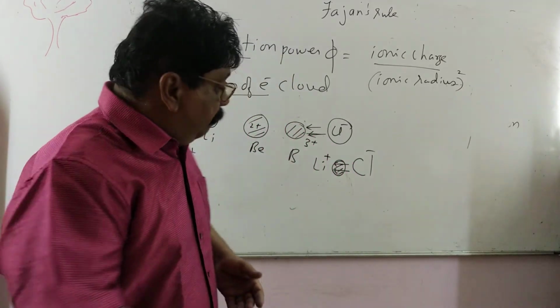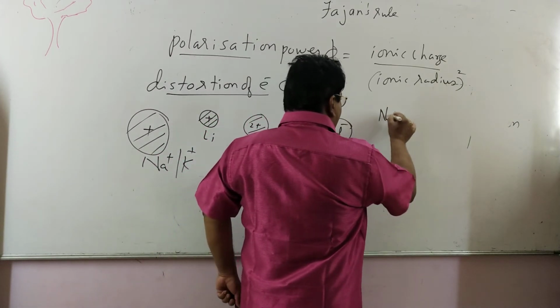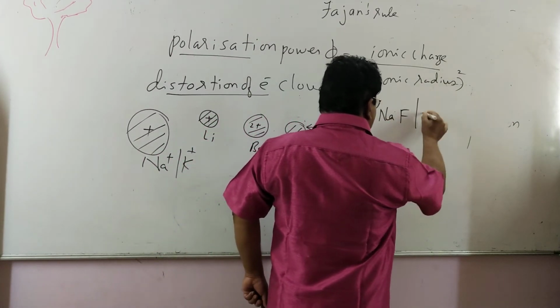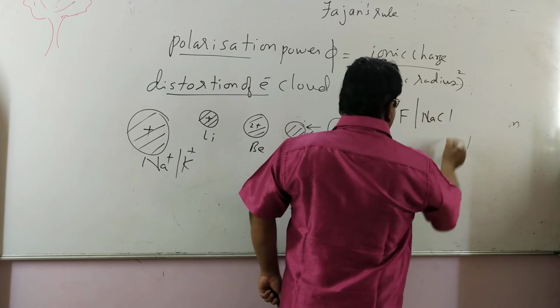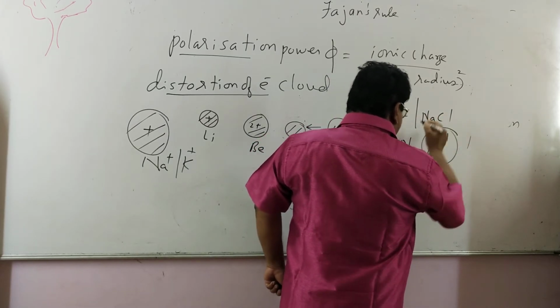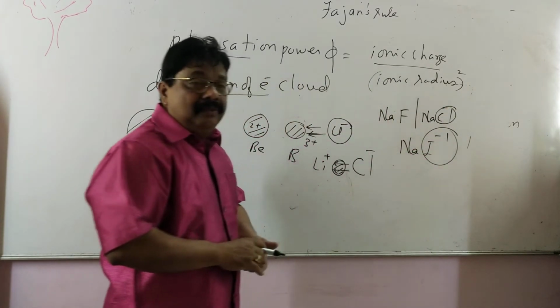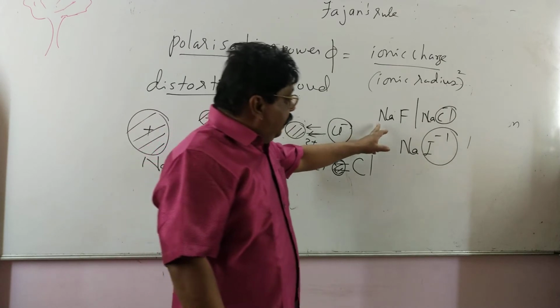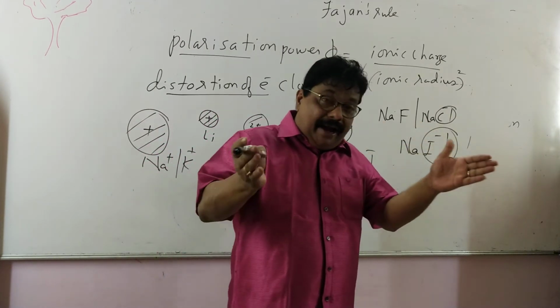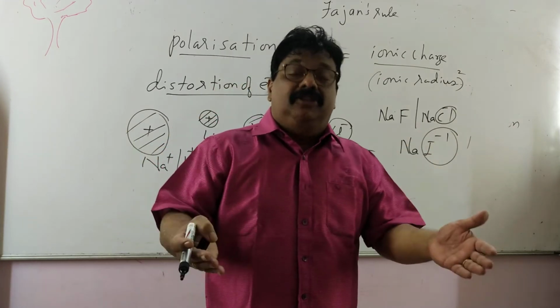If you are taking the melting points of NaCl and comparing it with sodium iodide, iodide is bigger as compared to Cl minus. NaCl will be more ionic, with more electrostatic force of attraction.